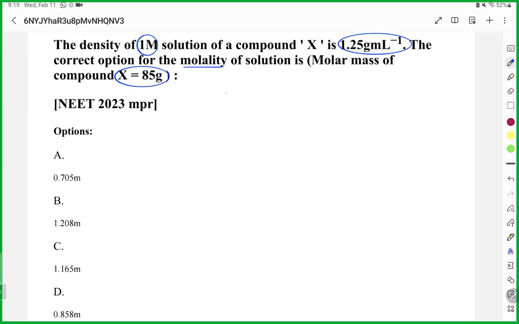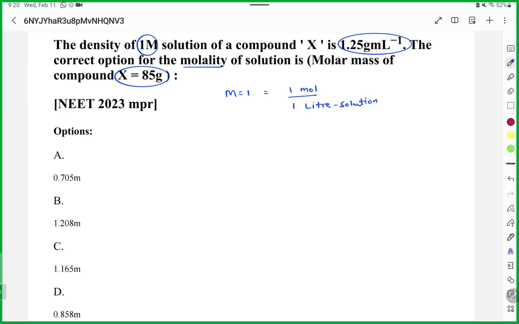If molarity is 1, it means you have 1 mole in 1 liter of solution. Option D.